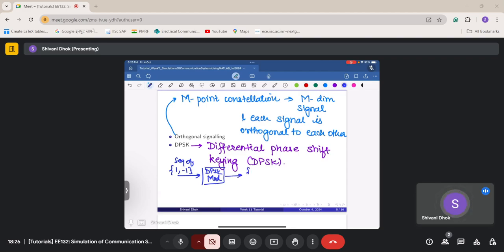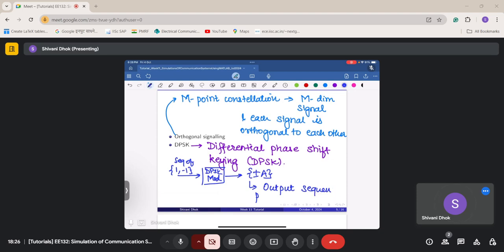It gives another sequence of a plus minus a. So this is the output sequence.